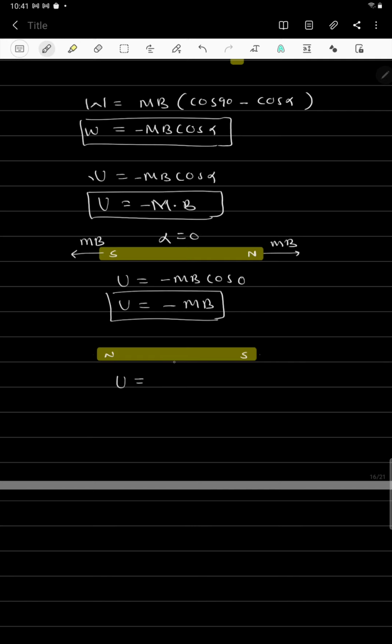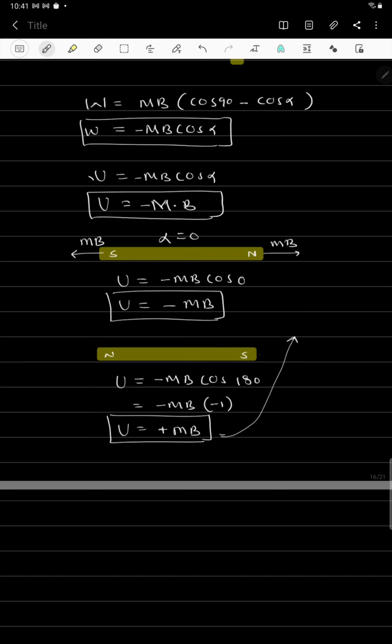Then the energy stored in the magnet is U equals minus mB cos 180. Cos 180 is minus 1, so the energy becomes positive, that is U equals mB. So this is about the magnetic potential stored in the magnet: U equals mB, and U equals minus mB.